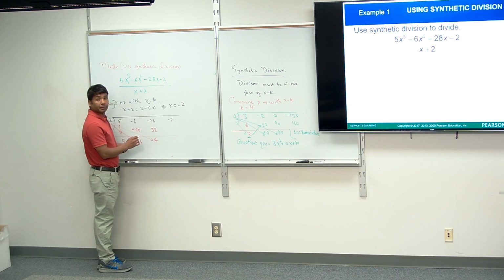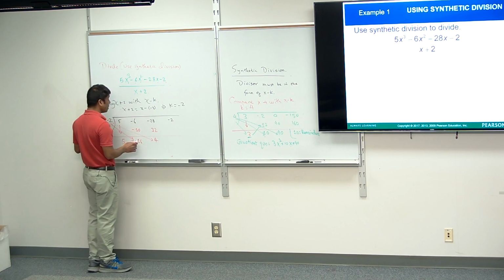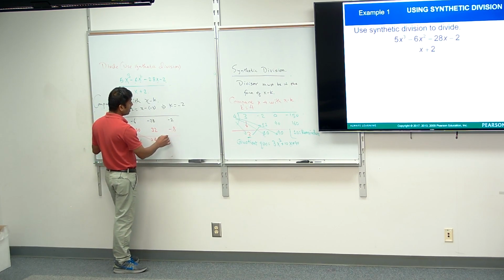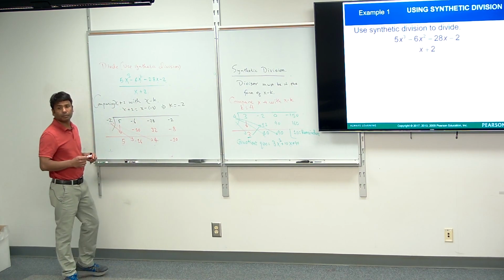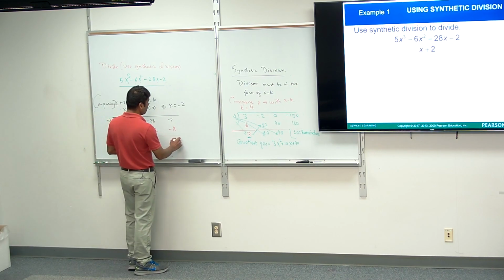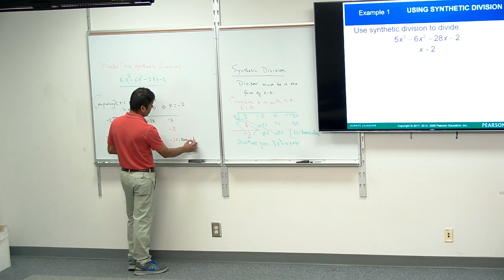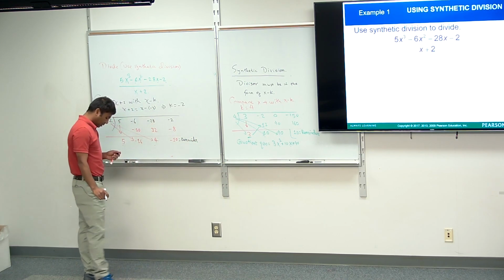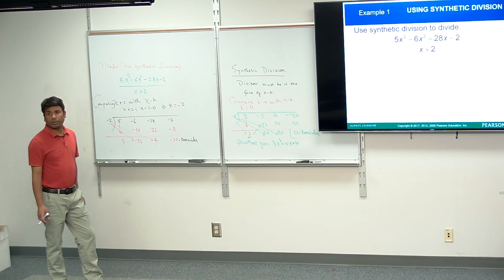Are you with me? And then again, negative 2 times 4 is negative 8. And you combine them, this is what? Negative 10. Right? And so this is going to be the what? Remainder.